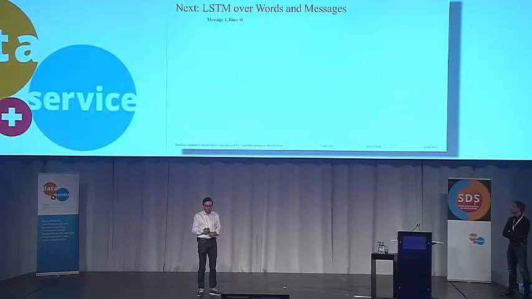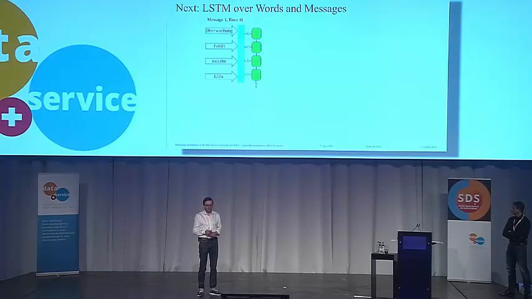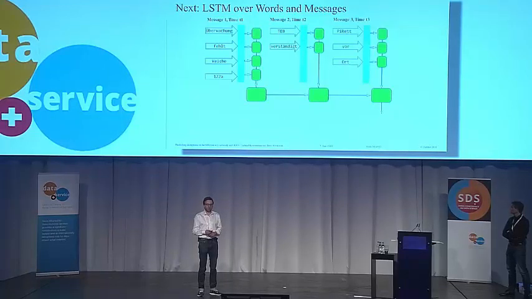The goal would be to get a model that looks like this, where we would look at all the words in the documents one by one, embed them as word vectors, and feed them into a sequence model. So we have an output for the sequence of these words, and then we would add these messages in a second recurrent neural network together with the global features and get a prediction.